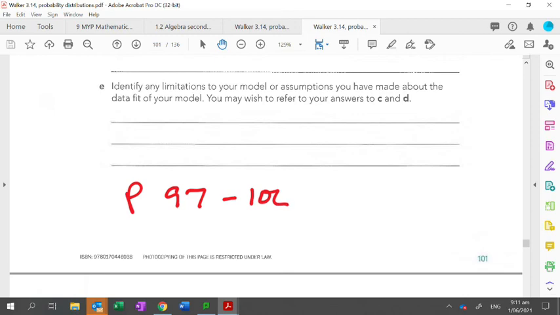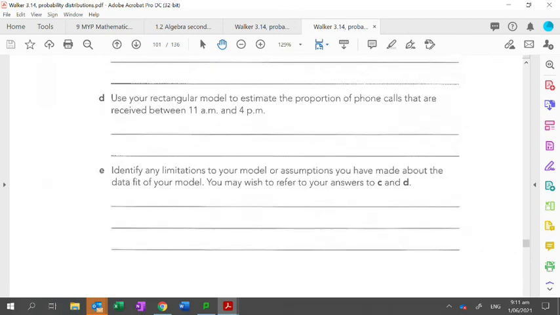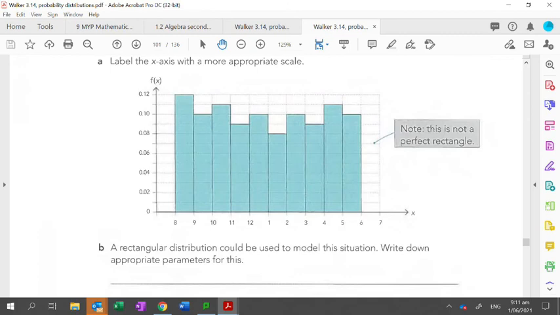Now, you're going to notice here that just like last time, this one is not exact. They're going to want you to read it and answer the question, and then turn it into a rectangle and answer the question. Turning it into a rectangle means you're just going to be estimating. There you go.